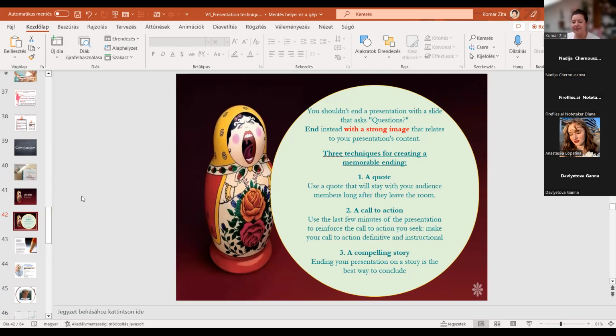So the thing is that when people listen to presentations, and researchers ask them what they remember of the presentation one hour later, they could tell like three or four pieces of info. When asked one day later, some of them could tell one piece of info. And when asked a week later, some of them didn't even remember the topic of the presentation.